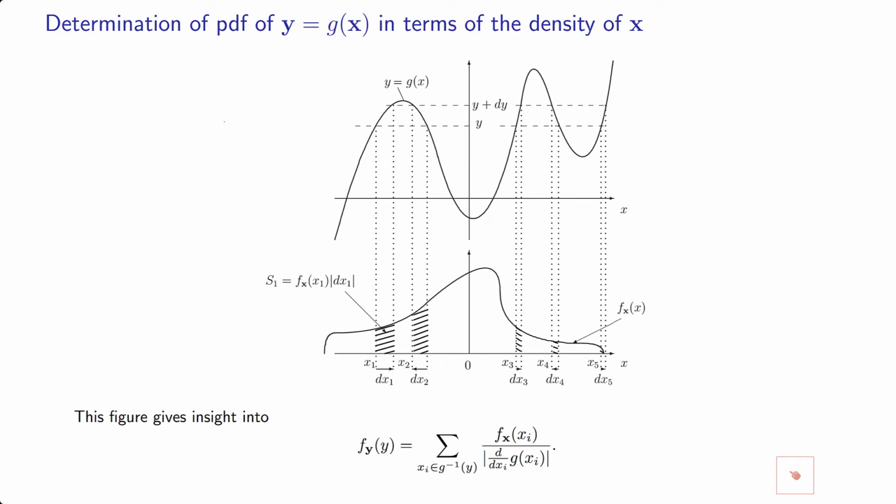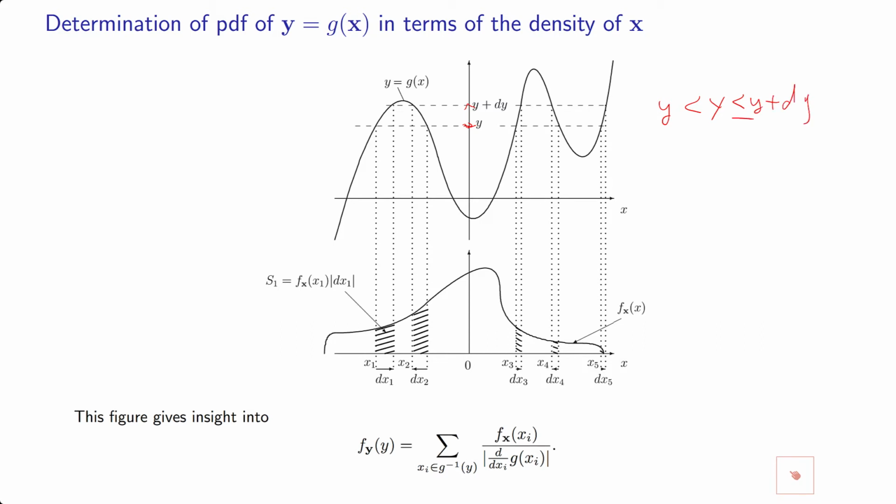So suppose that this is your function y equal g of x, and this is the value of y. For this value of y, I consider a small interval, this one. In this interval, y is bigger than y and smaller than y plus dy.